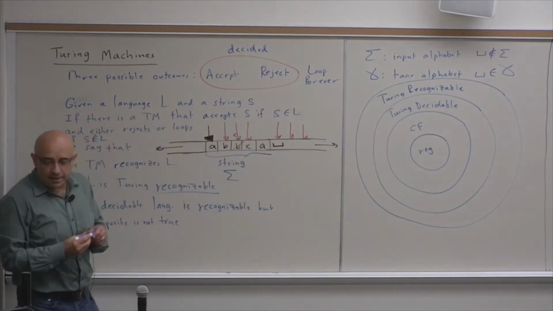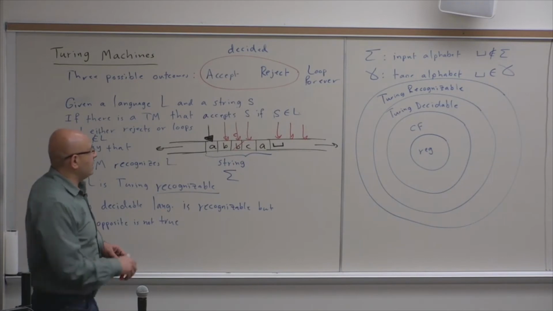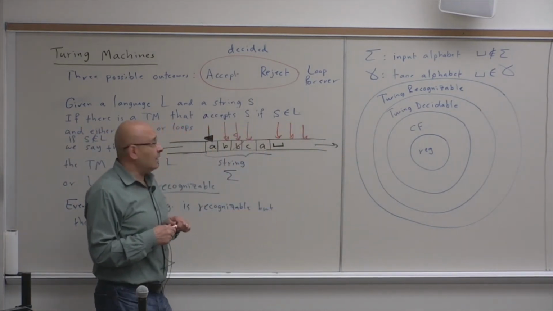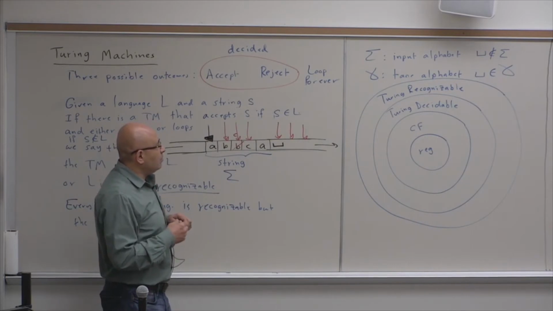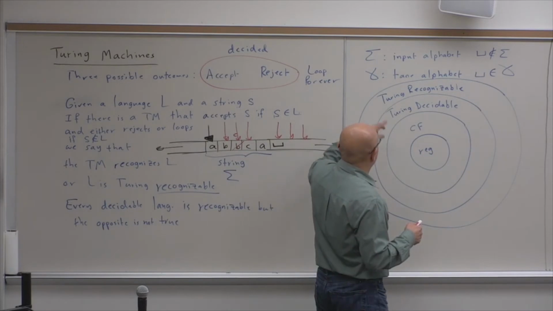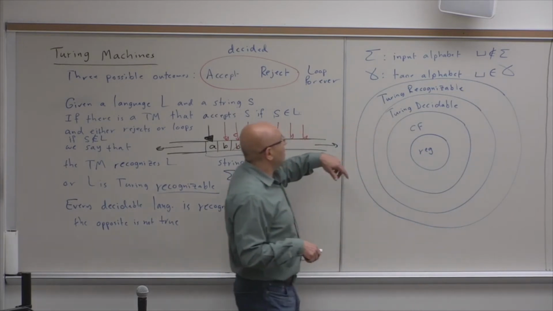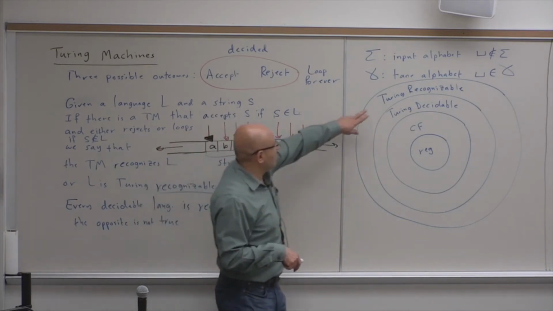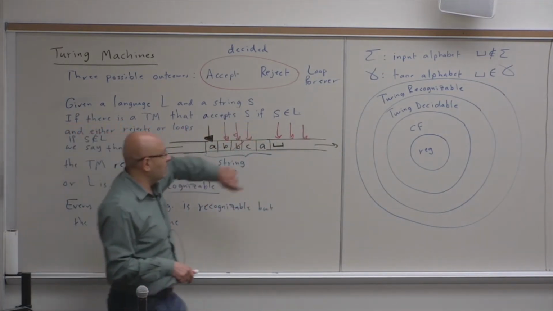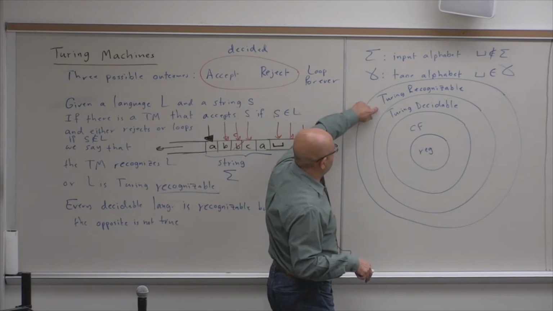Okay, so there are alternative names for these. Turing decidable languages are called recursive languages, and the set of recognizable languages is called recursively enumerable languages.